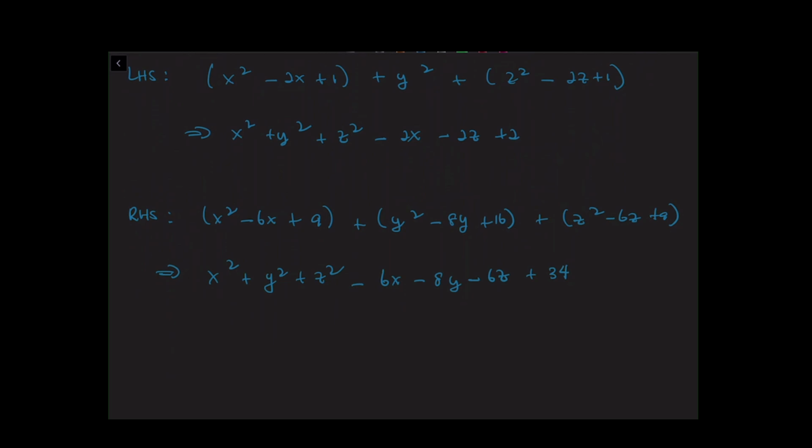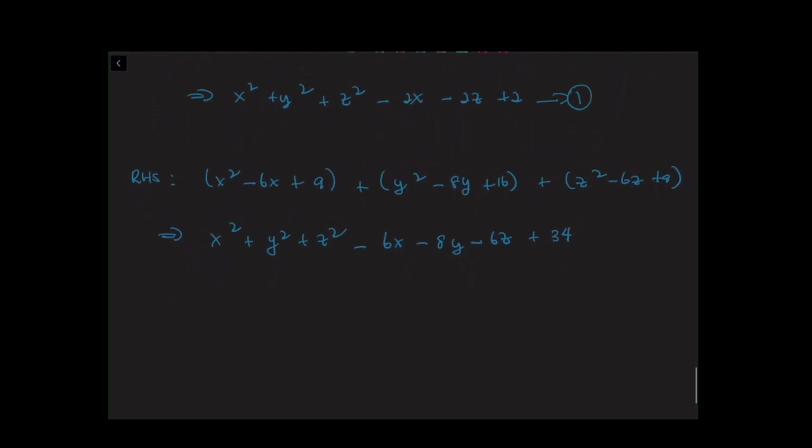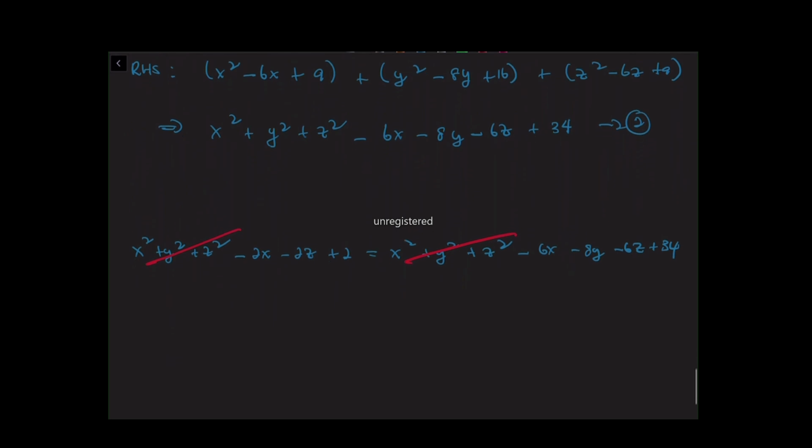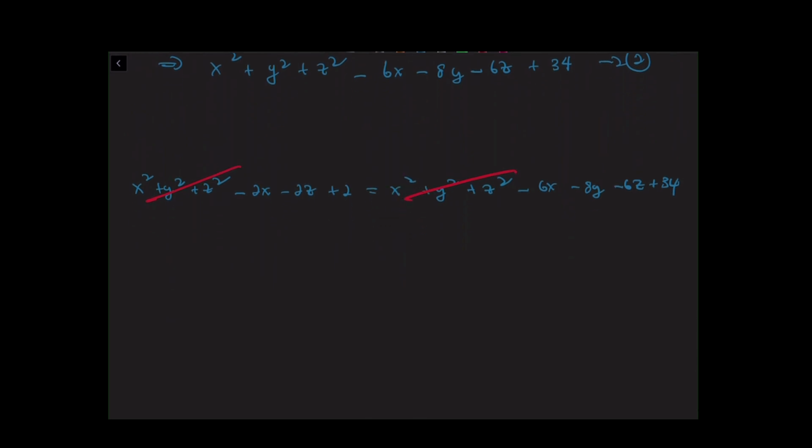Set them equal to each other now. From both sides, we see that x squared plus y squared plus z squared will cancel out on both sides, which just leaves me with the linear terms.